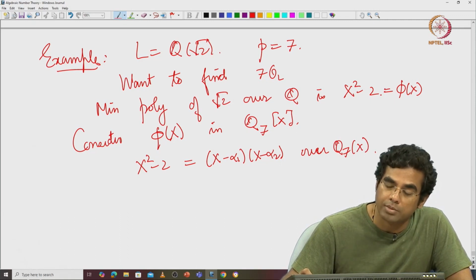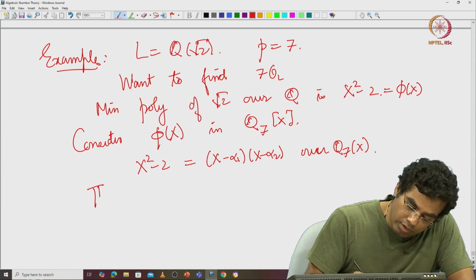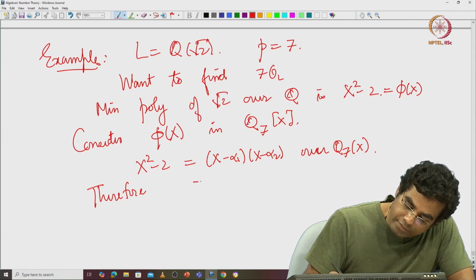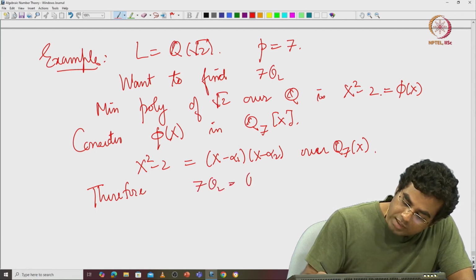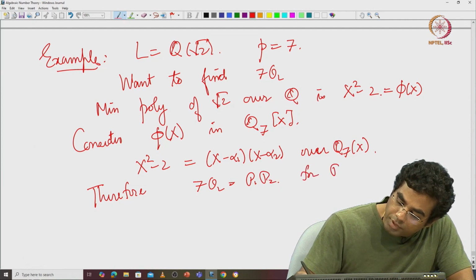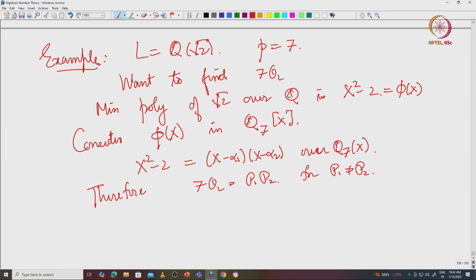In fact, we saw this as an example even before we proved Hensel's lemma. Therefore, you should have 7 O_L is P_1 times P_2 for P_1 not equal to P_2. So, in this case we get pretty much complete information.